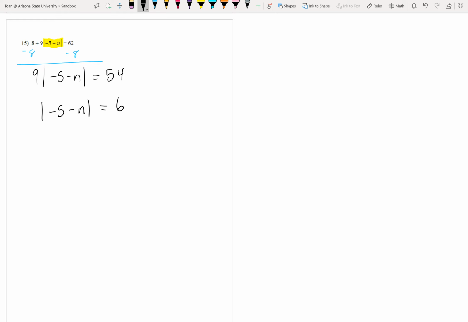Now, the way we deal with the absolute value is to apply the definition. Recall that absolute value of anything, x, will always give you one of two things: the identical thing you put in, or the exact opposite of what you put in. Which one you get depends on the input. You get the identical thing out if what you put in was positive, and you get the exact opposite out if what you put in was negative. Since the expression inside the absolute value contains a variable, we don't know if it is positive or negative.